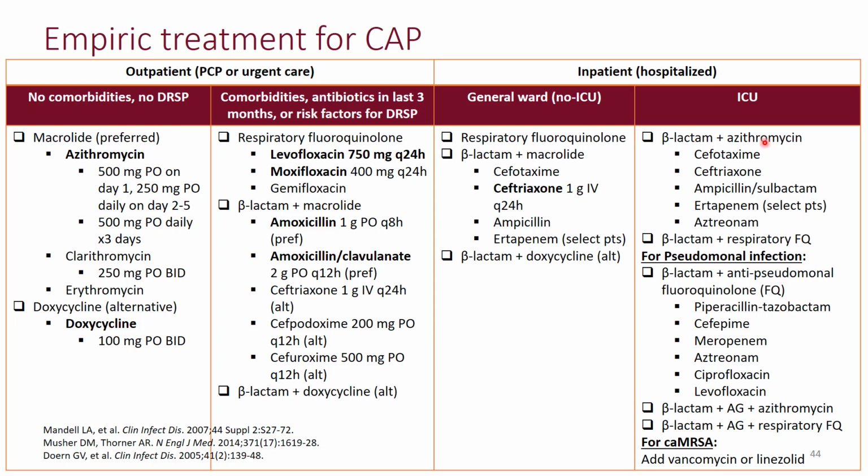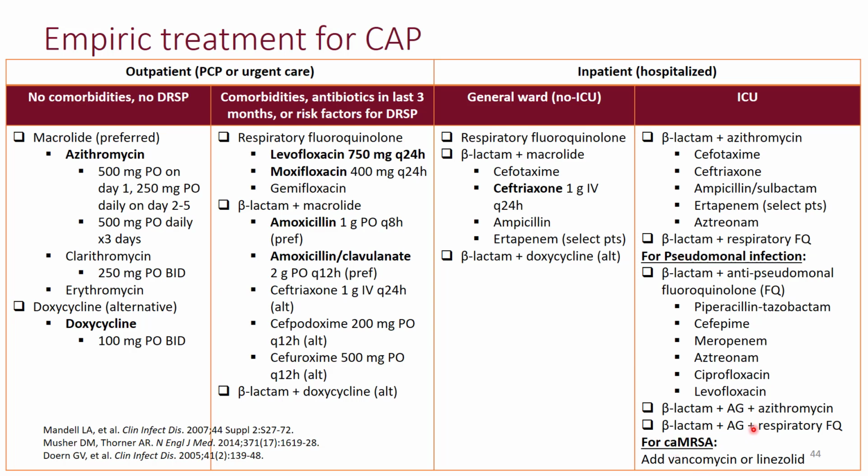Now, if you have the most severe case, which is the patients who are admitted to the ICU, again, we do beta-lactam plus azithromycin. And now, because they are so sick that they're in the ICU and mortality rate is high, we should also cover for Pseudomonas as well as for community-acquired MRSA.